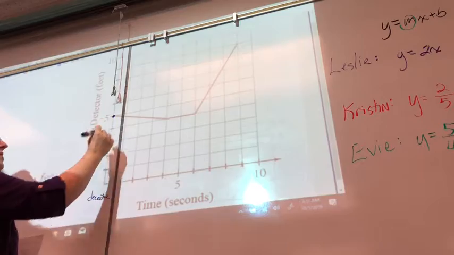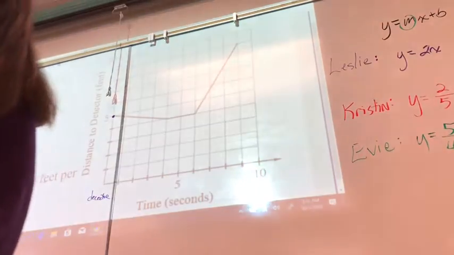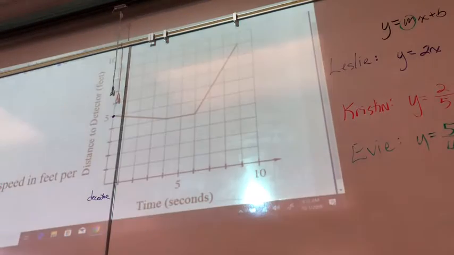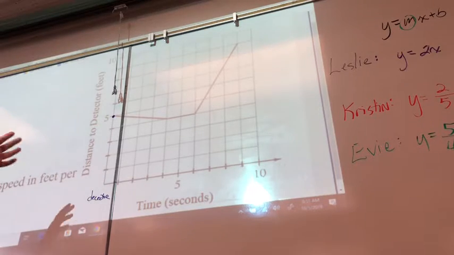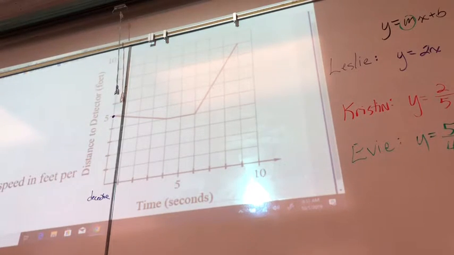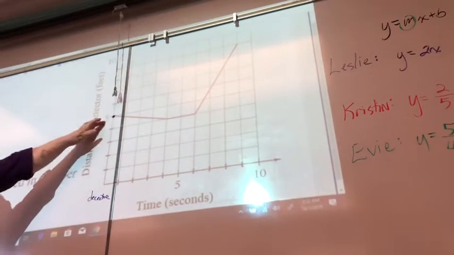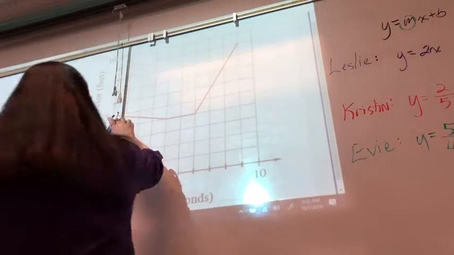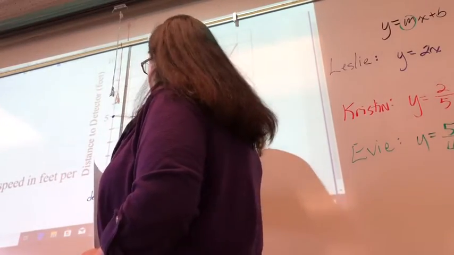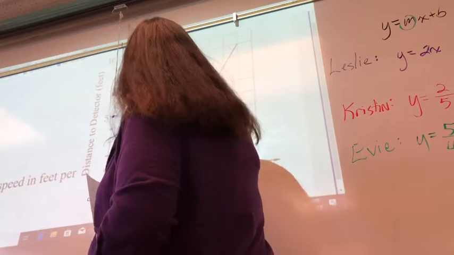And here we start. So, who's this person? Oh, just a customer. All right. So the customer is starting how far away from the detector? 5 feet. Good. So the customer is 5 feet away from the detector. And we see something is happening between 0 seconds and 4 seconds.